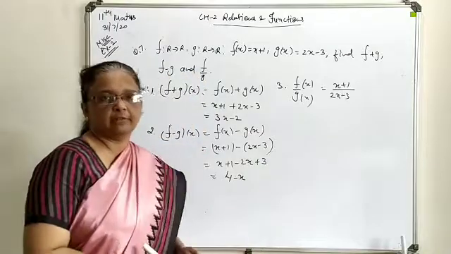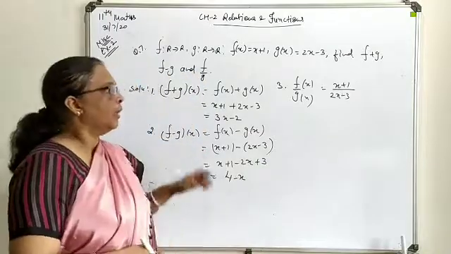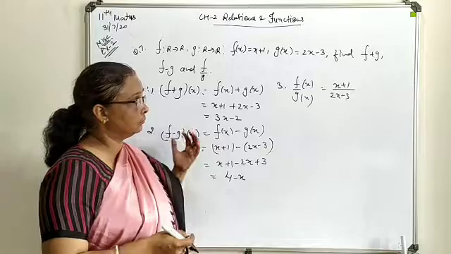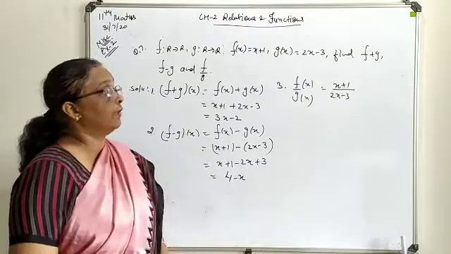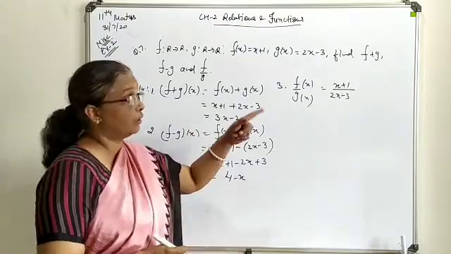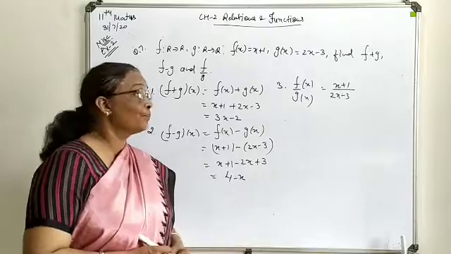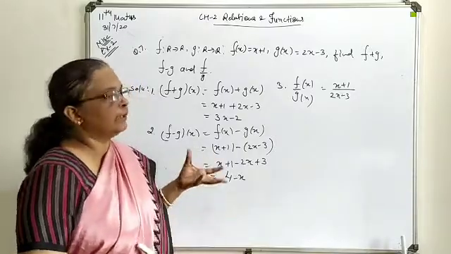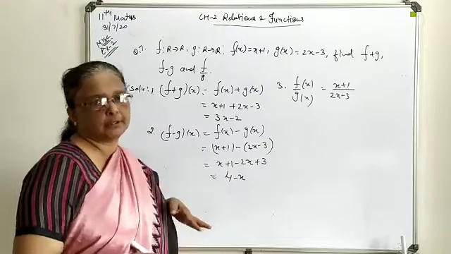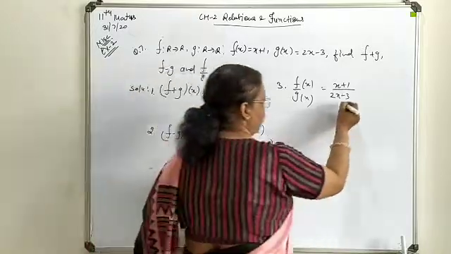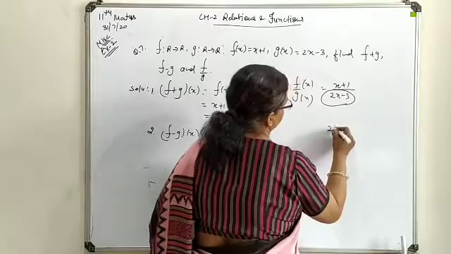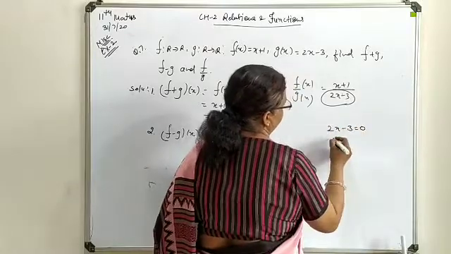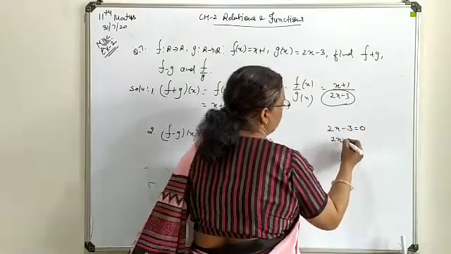When you are talking about division of two functions, you have to avoid the value of x for which your denominator tends to 0. So that value we will find out first, and x should not be equal to that particular value.